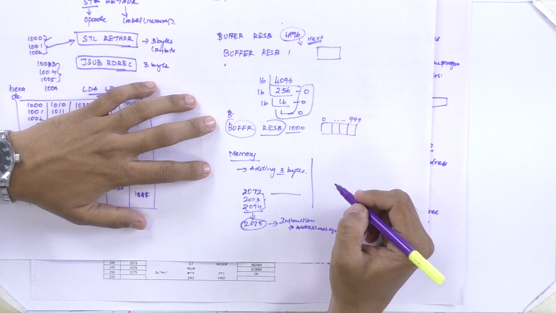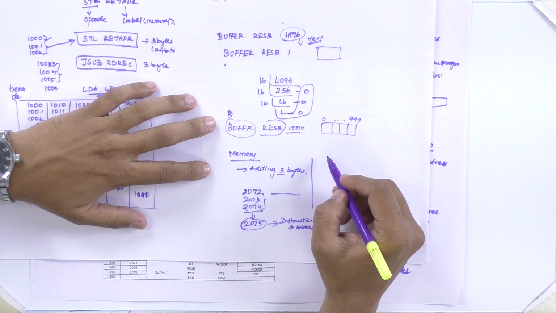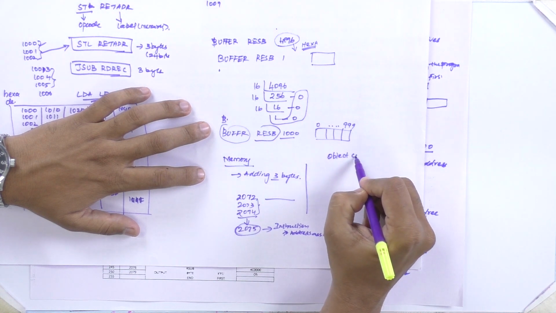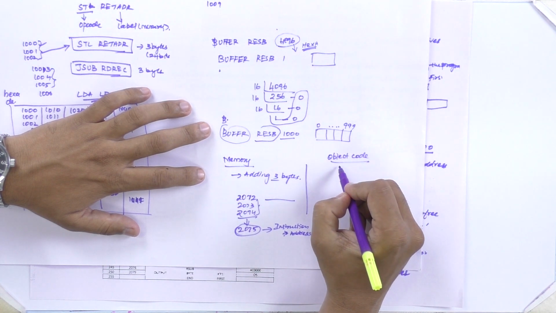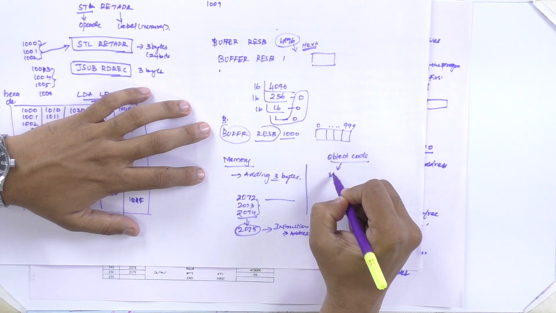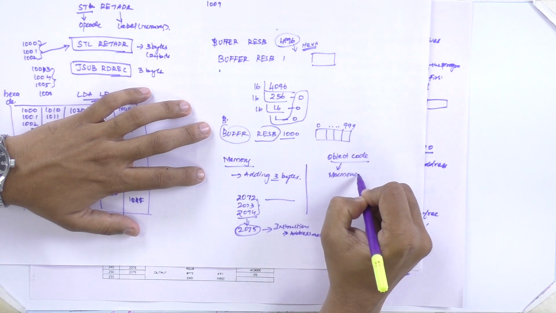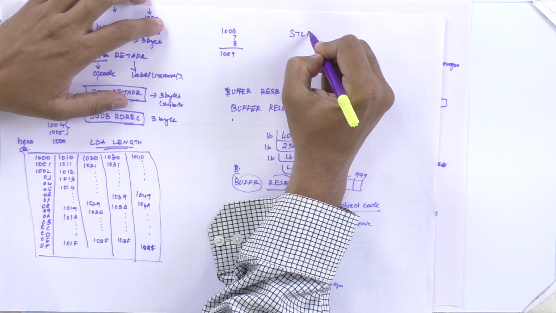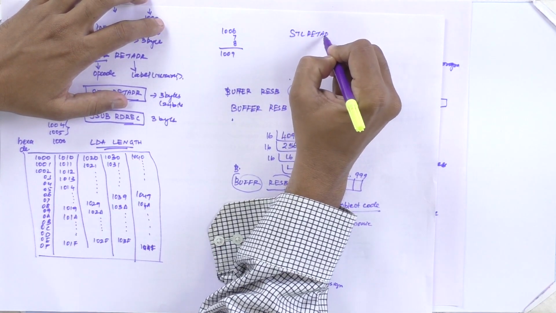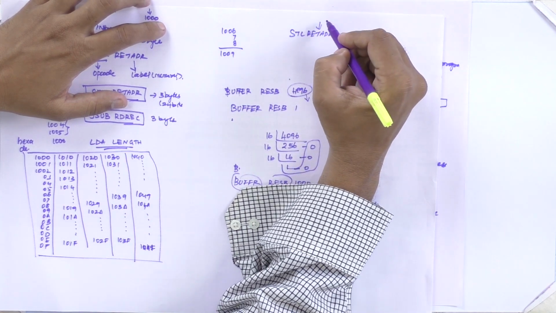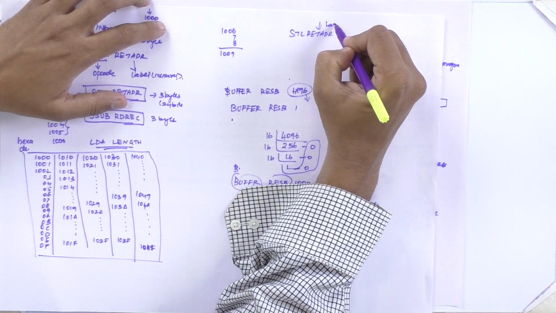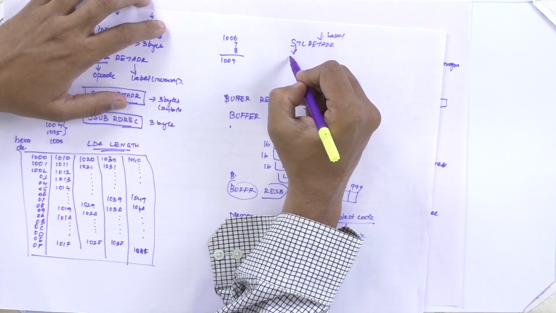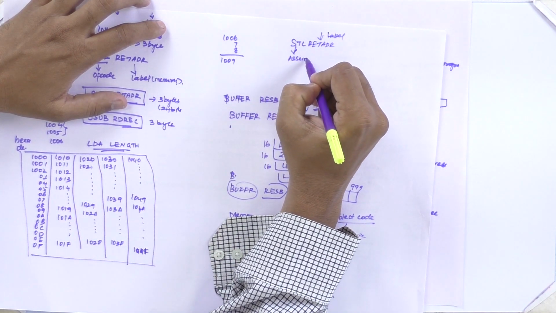After assigning addresses, the next step is generating object code. For object code, first you need the value for the mnemonic operation code. For example, you might have seen an instruction like this: STL RETADR. RETADR is nothing but a label, and STL is the mnemonic, whose value is given by the assembler.